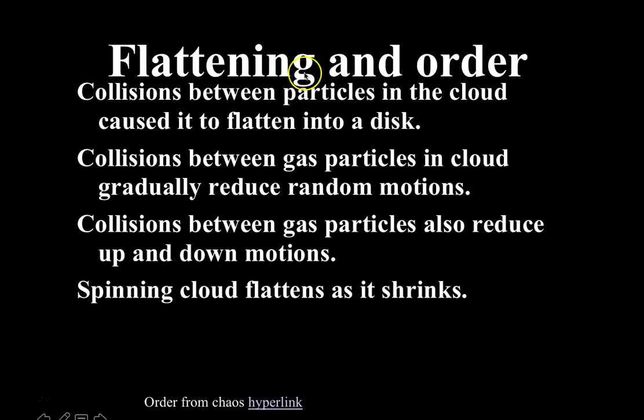Okay, so basically it's very simple for us to create a cloud of gas, and we can have a supernova just smack it and get particles that are no longer just floating around like a cloud in the day sky, with nothing happening to it. But remember that when a cloud gets close to a mountain, it gets compressed, and that is the same sort of thing that's happening with a cloud that gets smacked by a supernova.